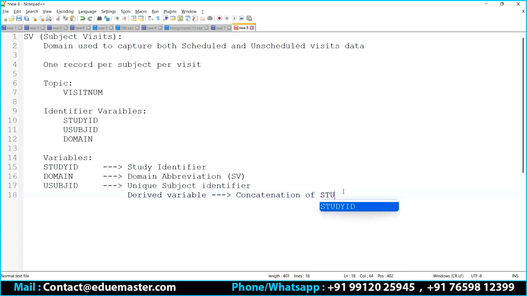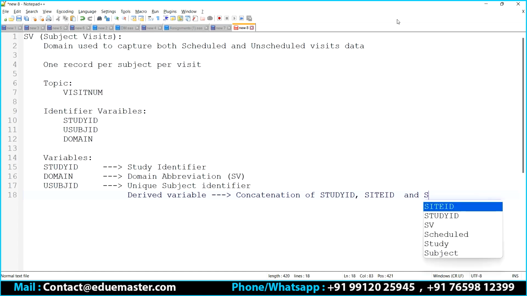It is going to be study ID, then site ID, which is nothing but where this is happening, that is your clinic or hospital or other details, followed by the subject identifier, which is nothing but the SUBJ ID. All right. The same thing is going to happen under your SV domain. So these three variables we are already aware of, so we just talk about them and leave it.